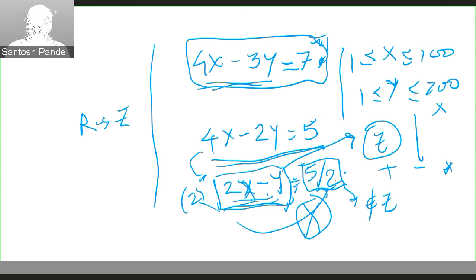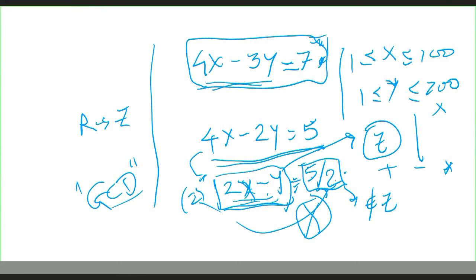Now this particular test is very, very useful, and it's called the GCD test. So what does the GCD test do? It simply takes the GCD of the coefficients of the left-hand side and sees if that divides the right-hand side or not. And if it does not divide, then it says independence.